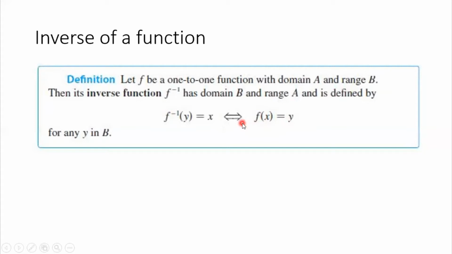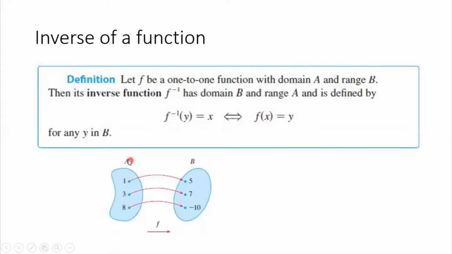Suppose we have two sets, set A and set B. Set A consists of elements 1, 3, and 8. Set B consists of elements 5, 7, and negative 10. This is a one-to-one function because 1 corresponds to 5 only, 3 corresponds to 7, and 8 corresponds to negative 10.